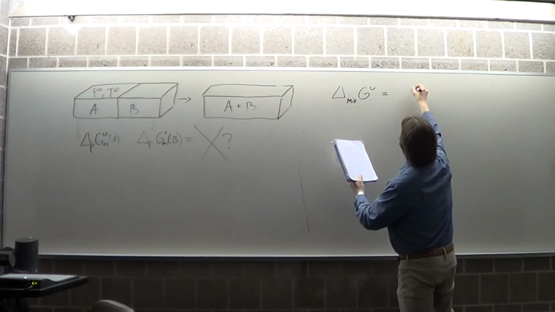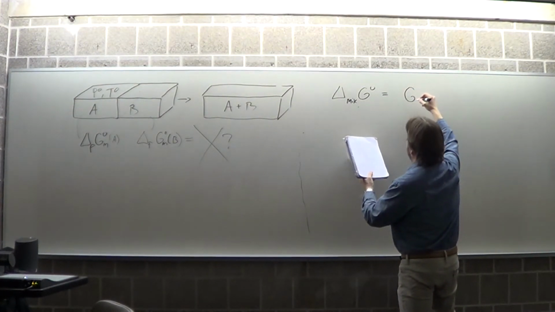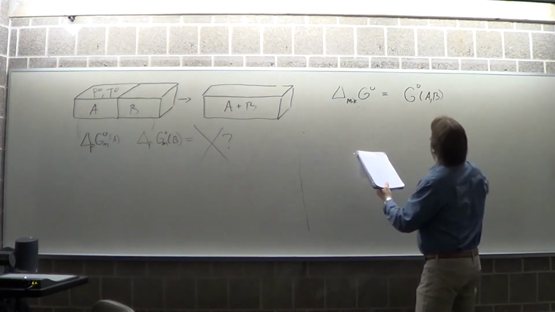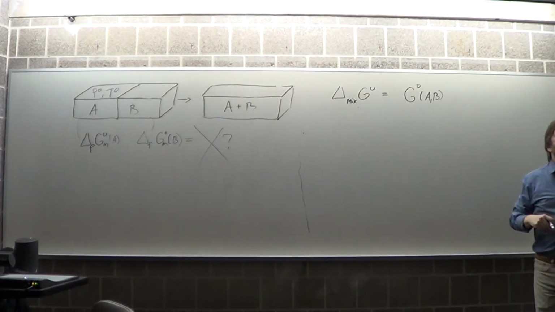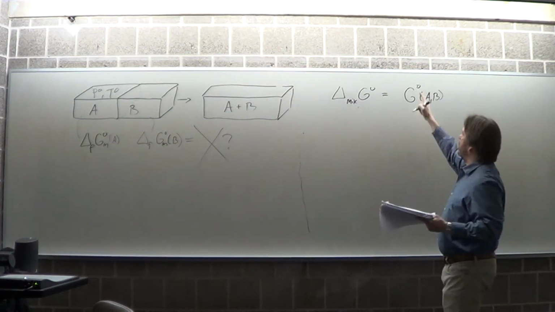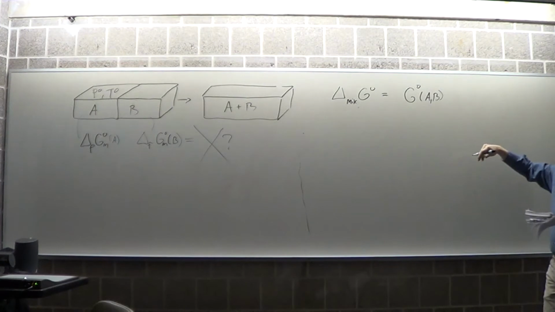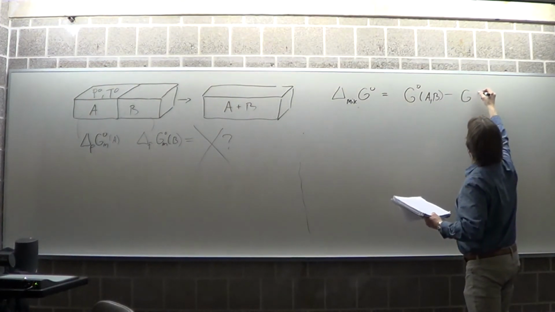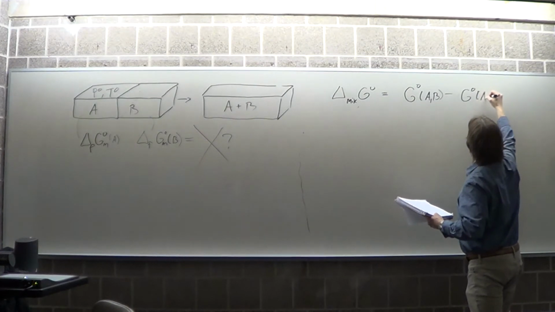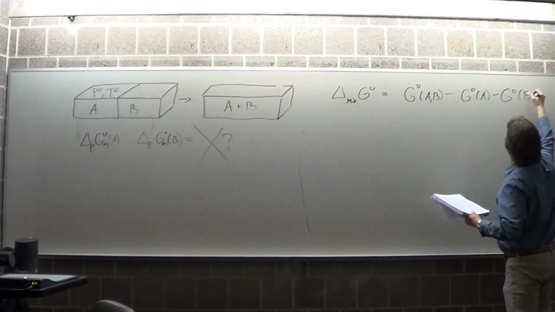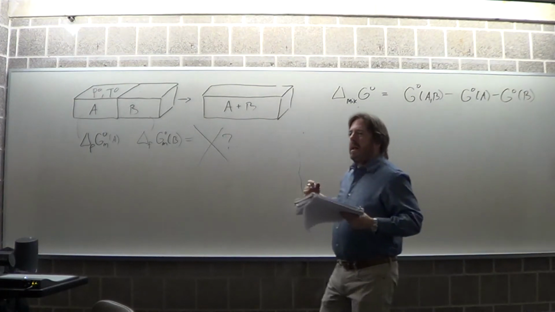I'm not going to use really proper terminology. This is the Gibbs energy, and it will always be at STP, so I'm always going to have that little circle. Maybe I'll forget it sometimes if I screw up. So we have them in the mixed state minus the pure state. Okay, so there we go.